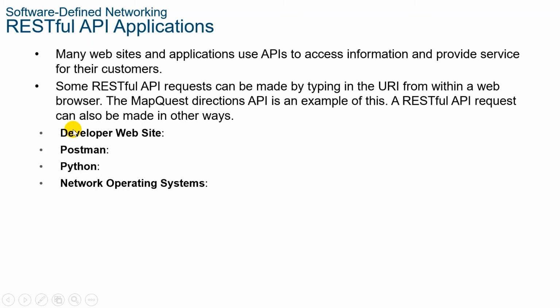Some RESTful API requests can be made by typing in the URL from within the web browser. The MapQuest Directions API is an example of this. A RESTful API request can also be made in other ways. We have several ways of doing it.